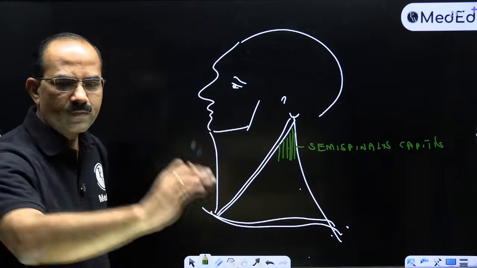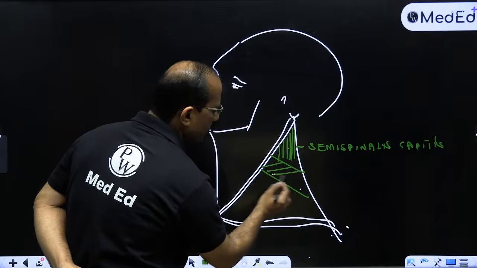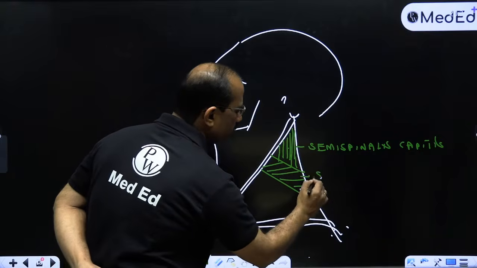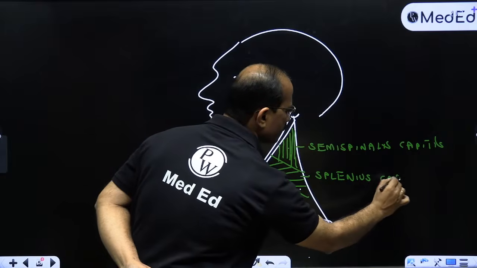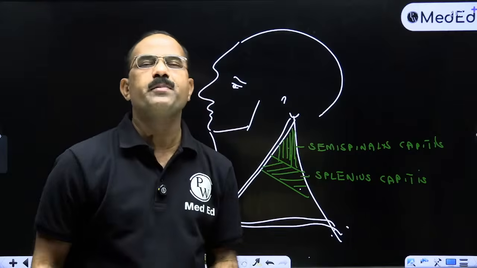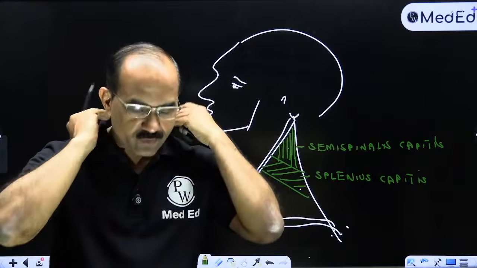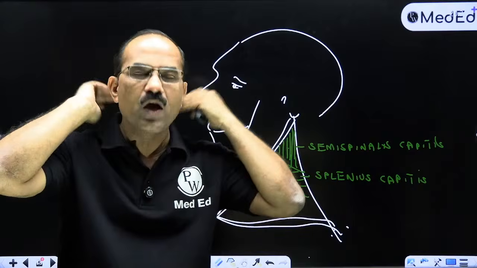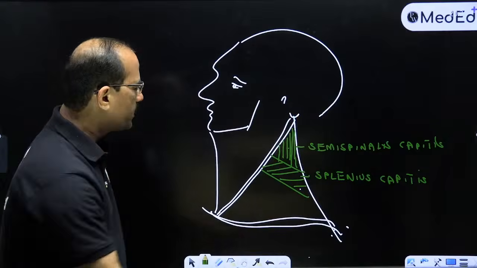The second muscle here is known as the splenius capitis. This muscle begins from the cervical vertebrae and goes to the occiput, the skull. Semispinalis capitis and splenius capitis.